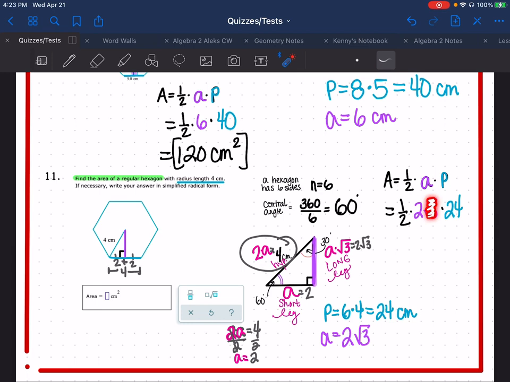This is kind of acting like pi does. So I'm going to multiply 1/2 times 2 times 24. So I end up with an answer of 24 square root of 3 centimeters squared, because we're talking about area. Oh, it already had that in there. So this is what I would put.